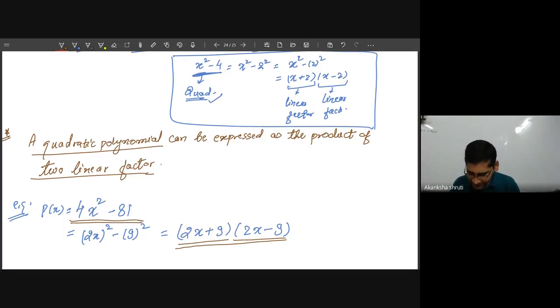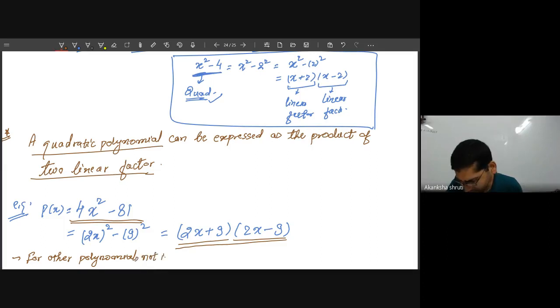So what is that factorization? How do we get it? So write: for other polynomials not in the form of identities, we use the factorization method. This is applicable for those polynomials, and even for those which fall in the form of an identity, it can also be used.